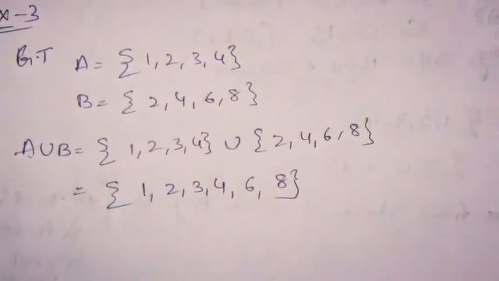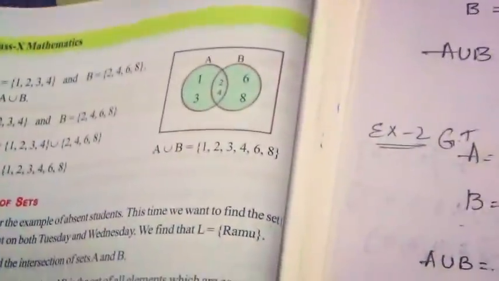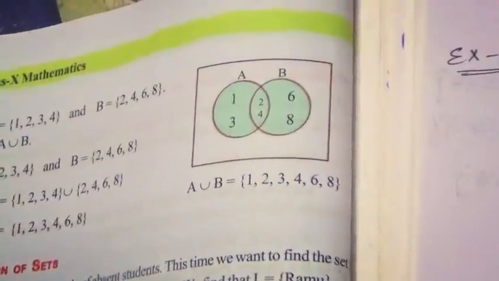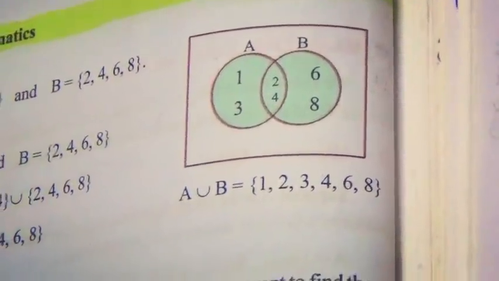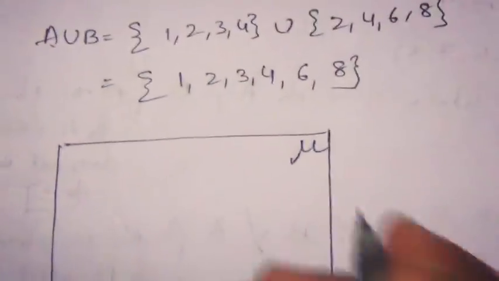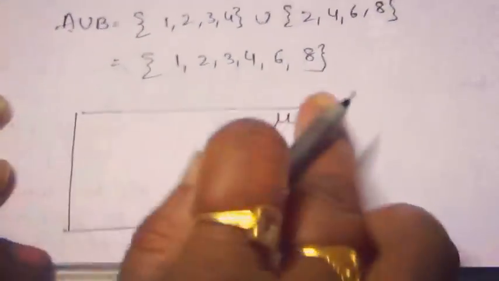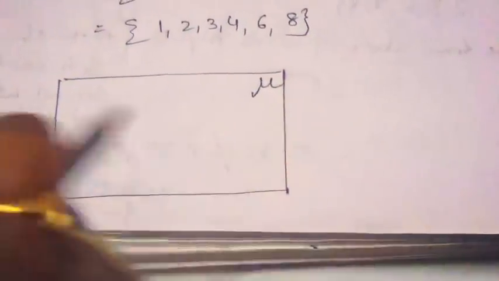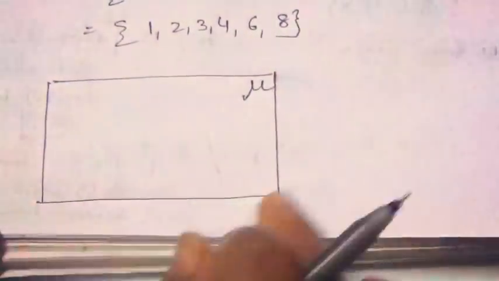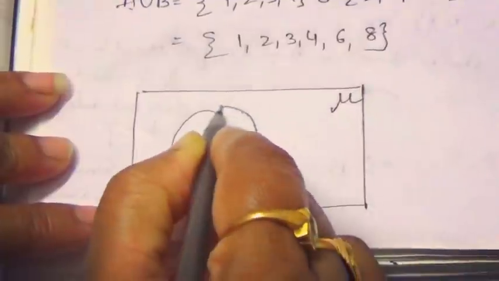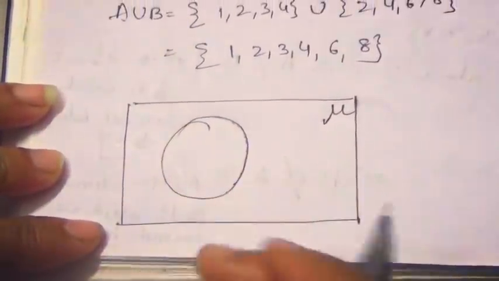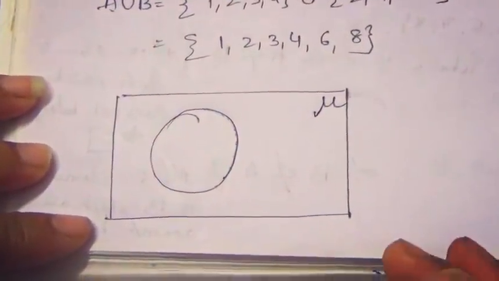By using this Venn diagram, we can show this problem. Okay, how? In Venn diagrams, we know that in a rectangular form we are taking it as mu, that is the universal set. Already in the introduction part I said that in Venn diagrams the universal set is identified using these rectangles, and whatever you want you can take in circles, ovals or triangles, right?